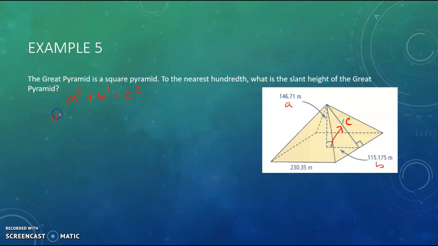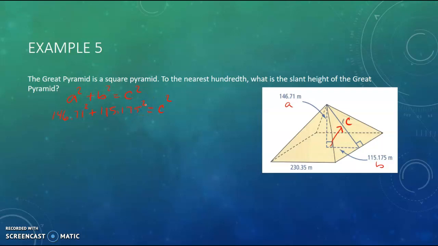Oh, I said I was calling that one B. So 146.71 plus 115.175 equals c squared. And when I square each of these numbers, that's important.